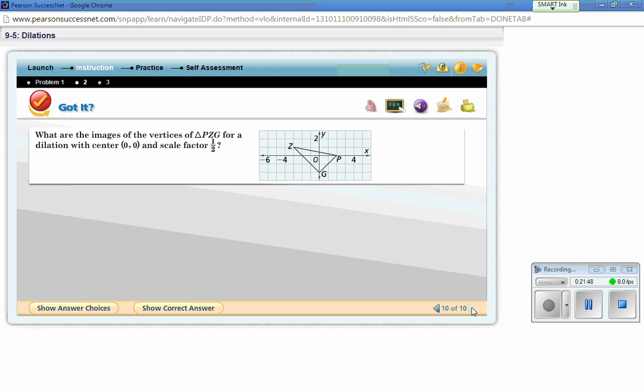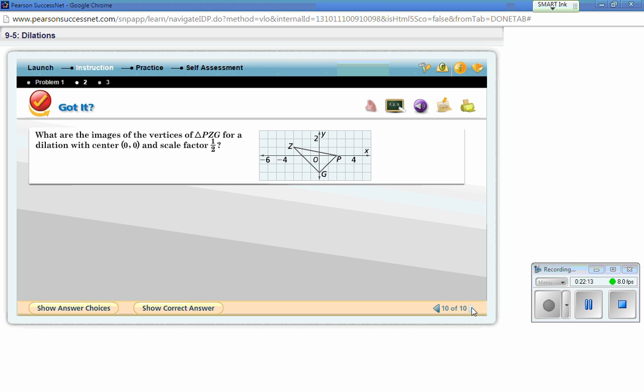The scale factor of 1/2, is it going to be bigger or smaller? Smaller. Can you imagine that after the dilation it will get smaller? All right, so let's decide what the answer choices are. So we want the images of P. So these are the same images as the ones you have on your paper. Okay, this is still PZG, so you still have that drawn. This time we're going to go ahead and multiply the coordinates by a scale factor of 1/2.